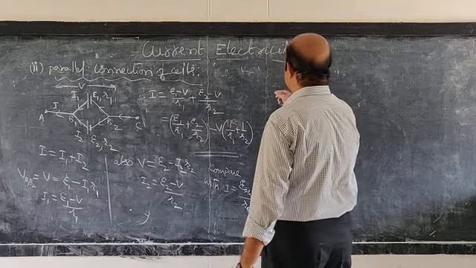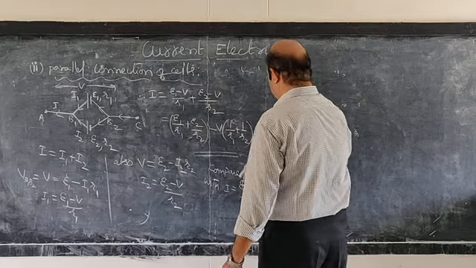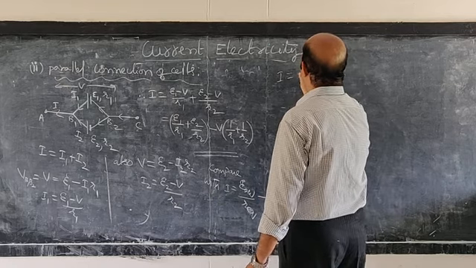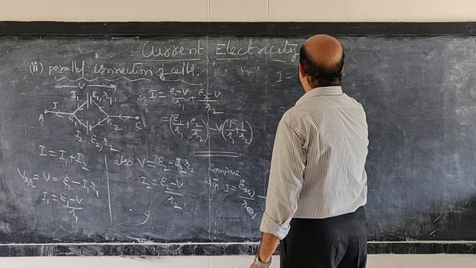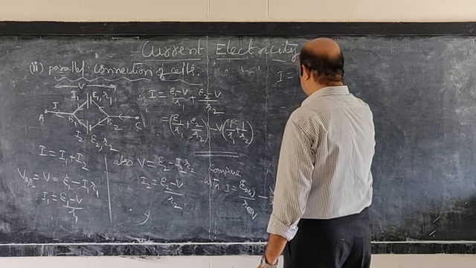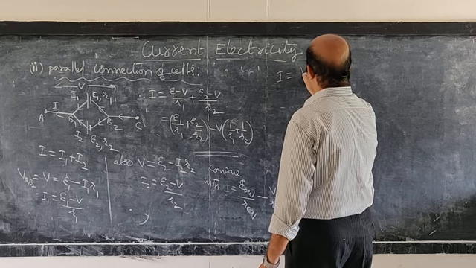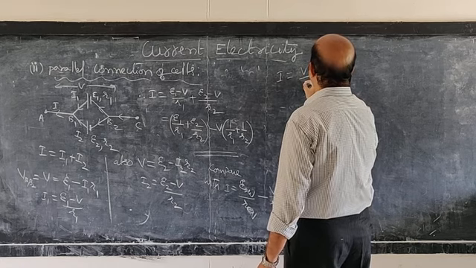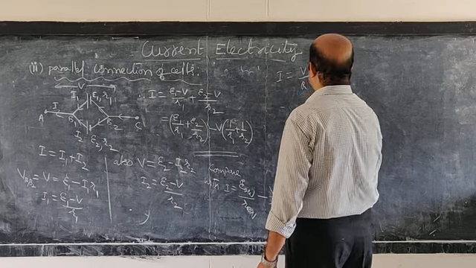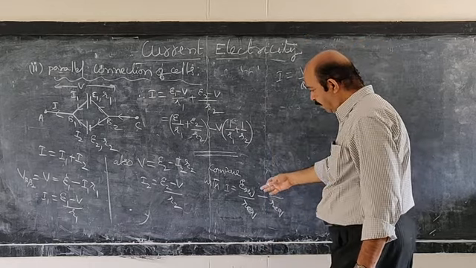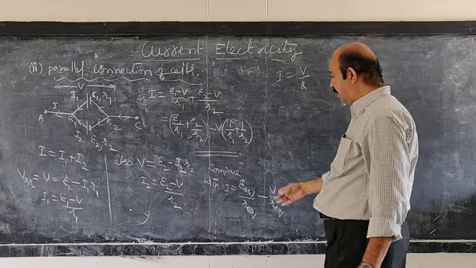How did we get this formula? From our general formula, V by R, that is Ohm's law. We use Ohm's law and have written it for our convenience like this.